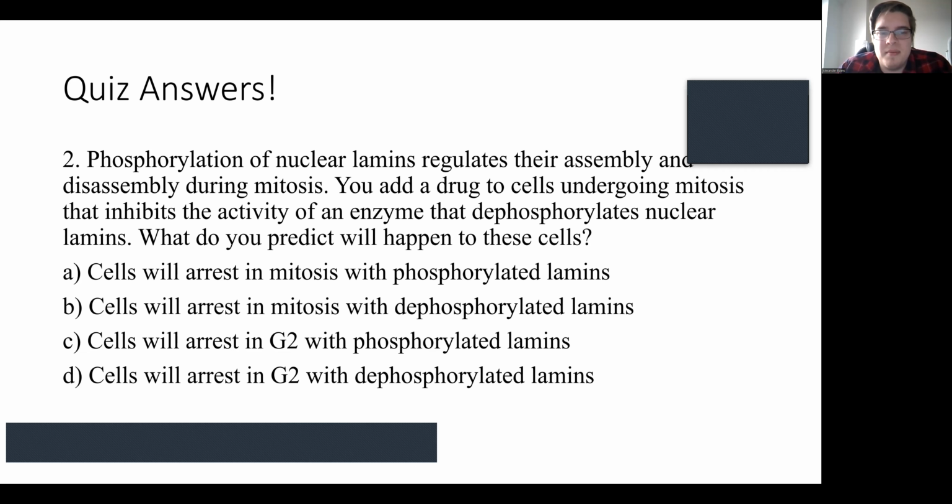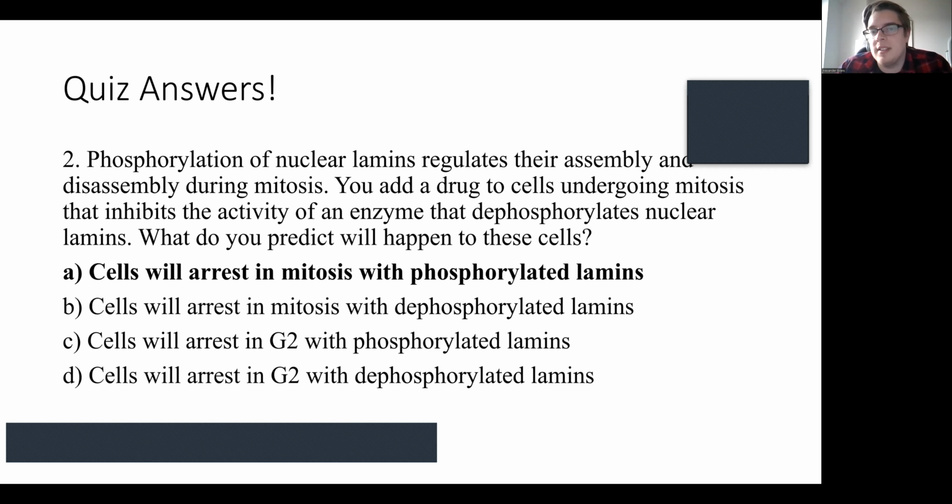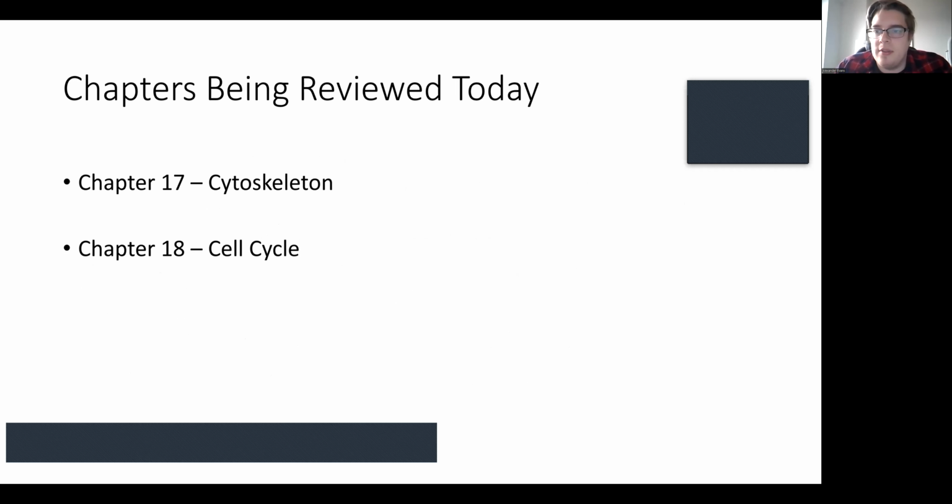The enzyme that's being inhibited is the one that dephosphorylates these nuclear lamins. So we end up with just phosphorylated lamins. So A is the correct answer. I know that some of you were saying that you thought it was a trick question. It was not. All right, we're going to go over 4 different slides.